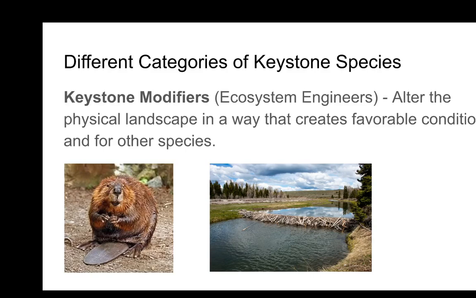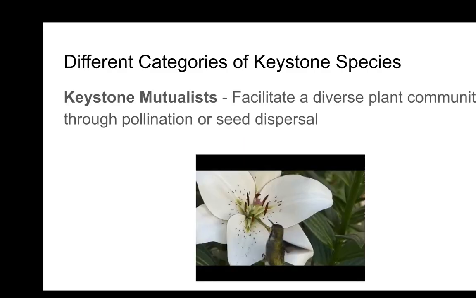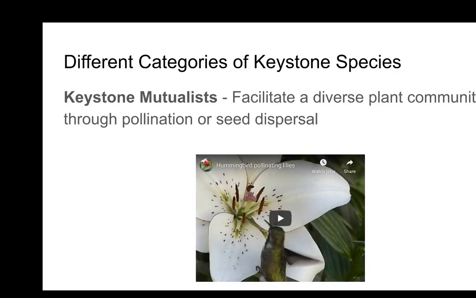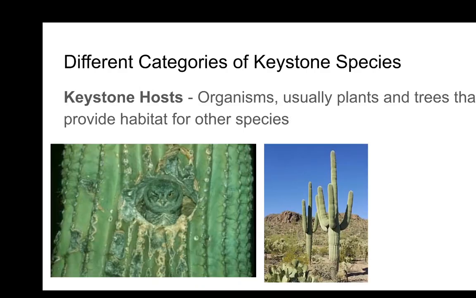So all the wetland plants that can live in a beaver swamp wouldn't be there without the beavers. We've also got keystone mutualists that facilitate the plant species pollination and seed dispersal. We've also got keystone hosts, like these cacti. Lots of things live in those cacti, and so they are a key species for having the biological community that you have in the deserts there.